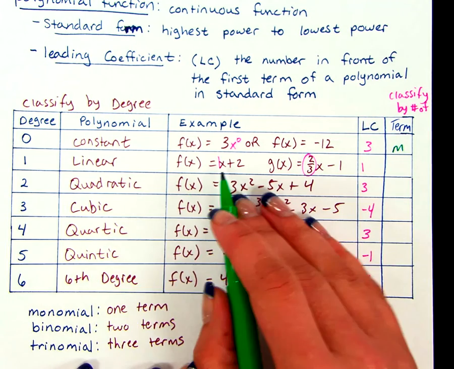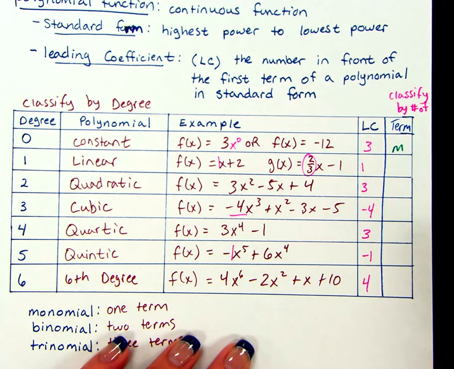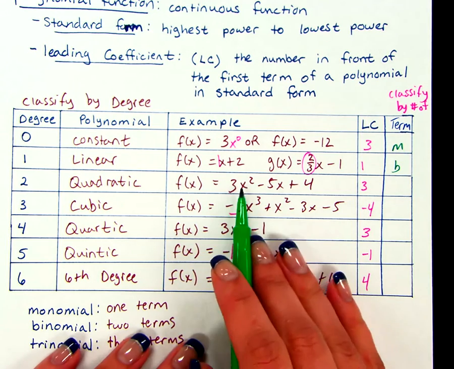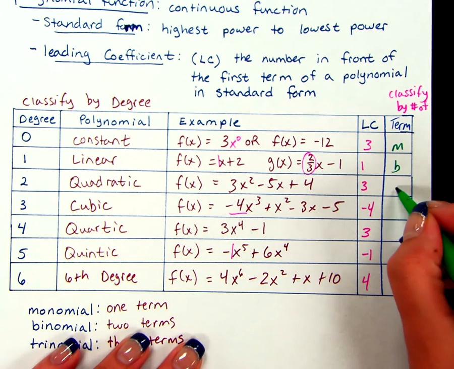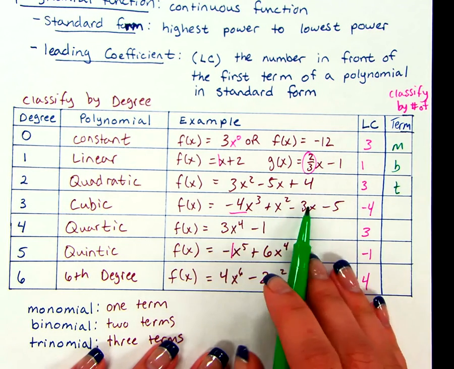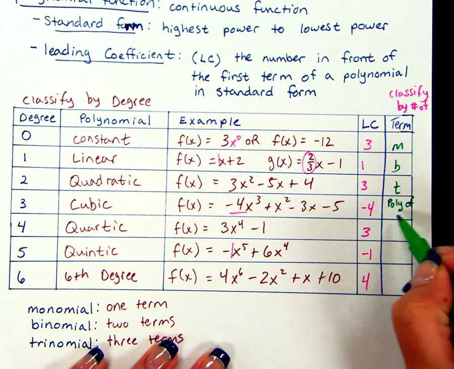Linear, so here we have 1, 2 terms. So this one is a binomial. This is also a binomial. So I'm going to put B for binomial. Here we have 1, 2, 3 terms, so this is a trinomial. So T for trinomial, since I don't have a lot of space to write. Here we have 1, 2, 3, 4. So this one we would say is a polynomial of 4 terms.